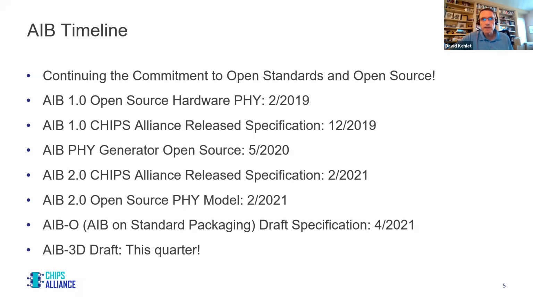As CHIPS Alliance, we released the AIB PHY generator from Blue Cheetah, and a new model for AIB 2.0 is already out. This quarter, we will have an alpha version of protocol IP RTL released for running on AIB. The CHIPS Alliance is a great organization for promoting innovation, and I want to say thanks to Rob Maines, the CHIPS Alliance General Manager, for hosting this deep dive today.